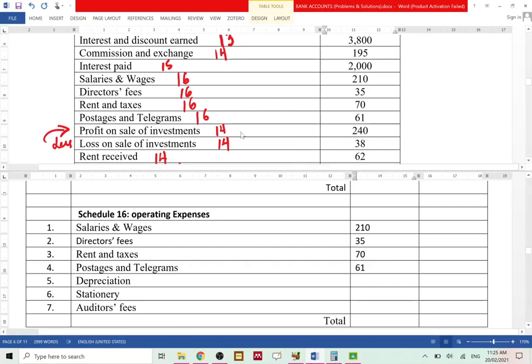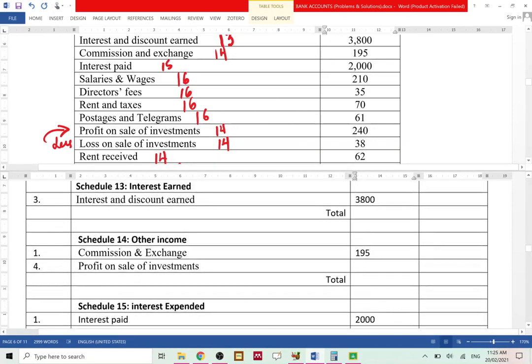Next, profit on sale of investments, we said we would put it here under your other income. Now since we also have loss on sale of investments, I would like to just write it in the inner column over here itself, that is profit on sale of investments.